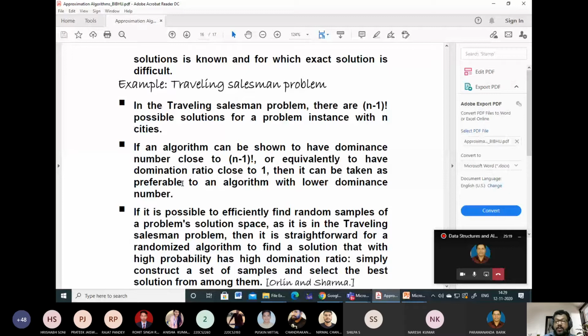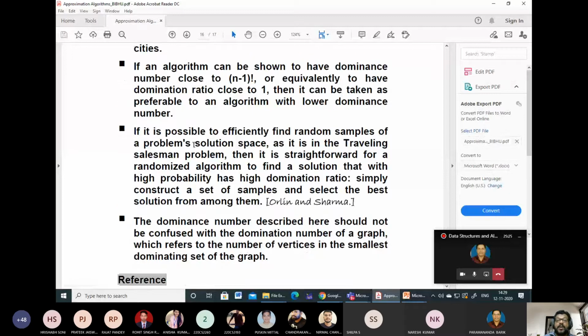If it is possible to efficiently find a random sample of the problem's solution space. Why is a random sample of the solution space considered? Because the solution space is exponential. If you try to perform this analysis, the solution space may be very large and very difficult to get, so rather you look into a small sample.